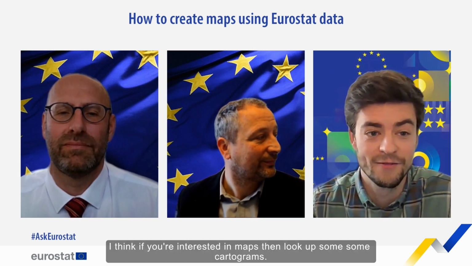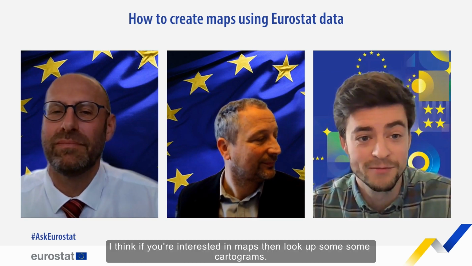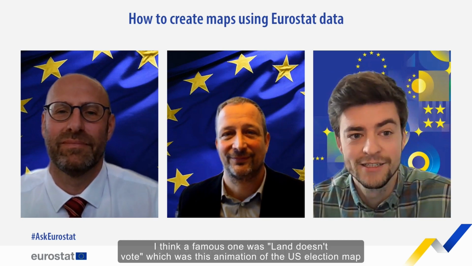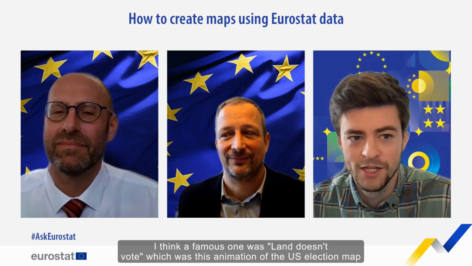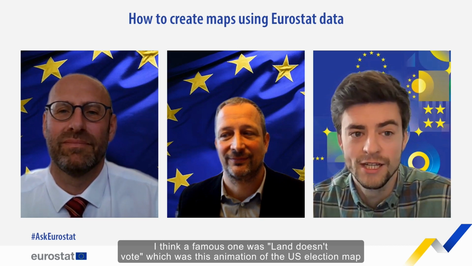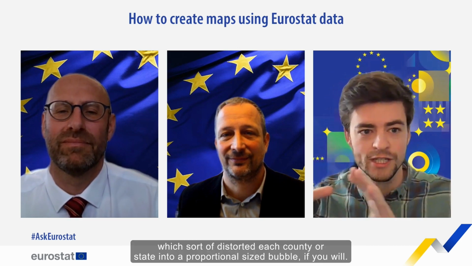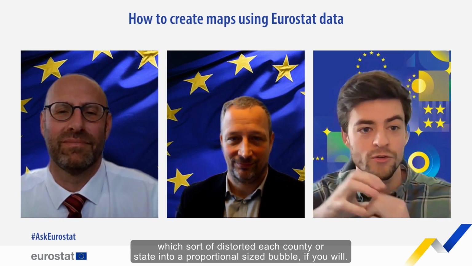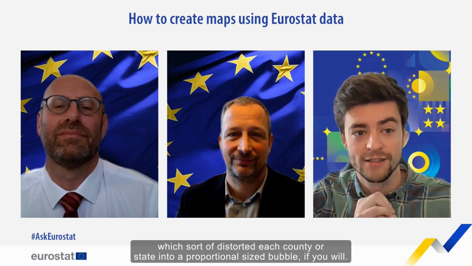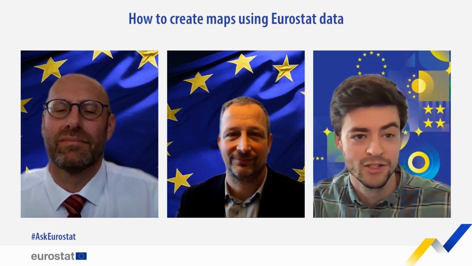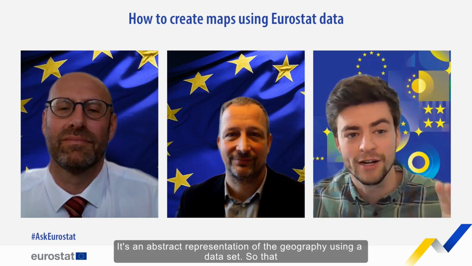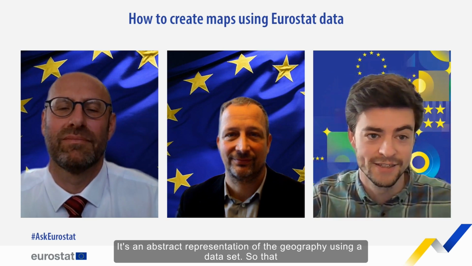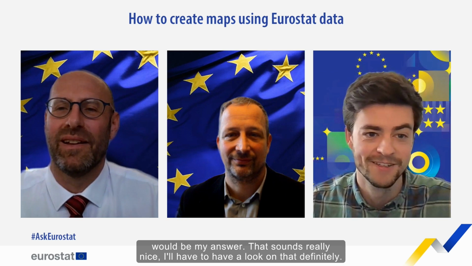If you're interested in maps, then look up some cartograms. I think a famous one was Land Doesn't Vote, an animation of the US election map, which distorted each county or state into a proportional sized bubble, if you will. So it's an abstract representation of the geography using a data set. That would be my answer.